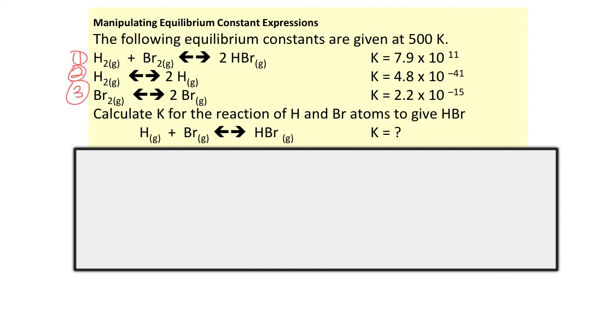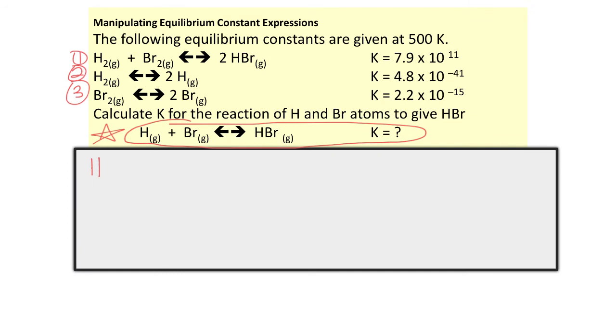All right, this reaction's a little bit trickier. We were given 3 reactions and then a target reaction, and we want to figure out the K for that target reaction based upon the 3 given reactions. So in order to get the H by itself, I would need reaction number 2, and I would need to reverse reaction number 2 and cut it in half.